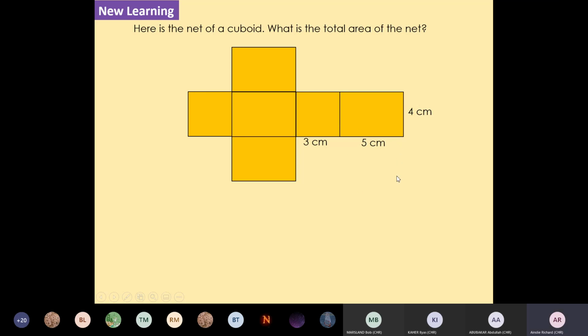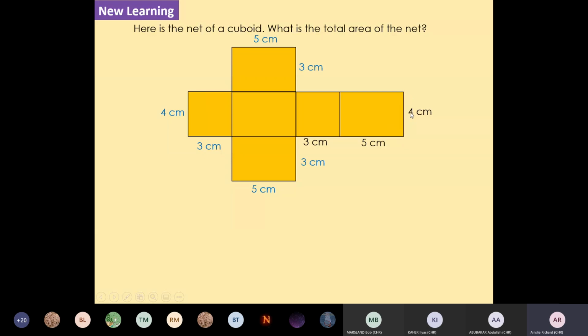So I'm going to start off by working out section by section. For the cuboid, we're given the lengths 3, 5, and 4. You only have 3 different lengths on a cuboid. Because I know those ones, I can also work out the remaining ones which I've just shown up with blue here.